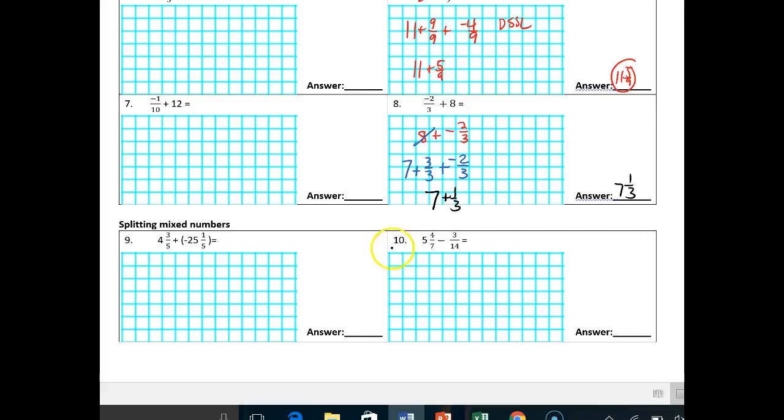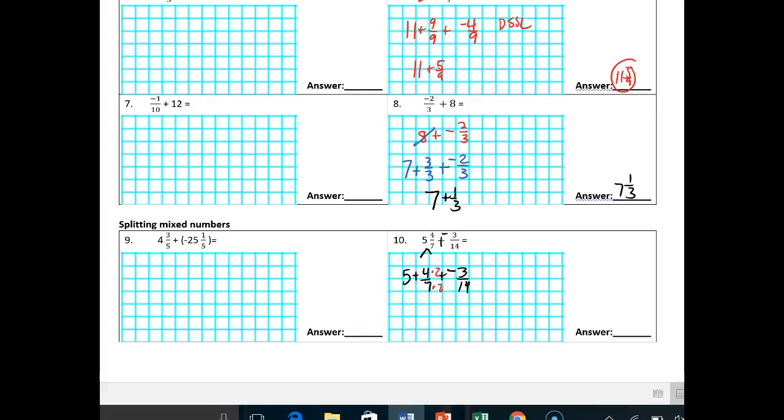Okay, 9 through the next section is all about splitting mixed numbers, so I'm going to go ahead and do that here. So first I see plus and negative. Let's split these up. This one I don't have to split, so 5 plus 4/7 plus negative 3/14. You see I have different denominators, so multiply to find a common denominator.